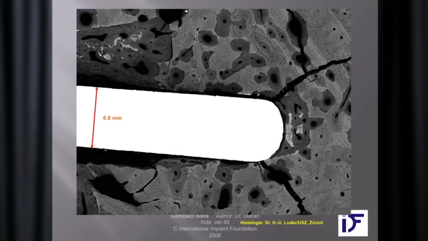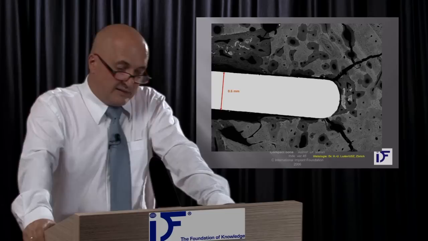The small little particles which you see here, these are residuals of the cut out bone. So obviously some bone which has been cut out has been left inside this cavity, and then it became embedded into the woven bone, and now it's embedded into the osteonal bone which is forming now.